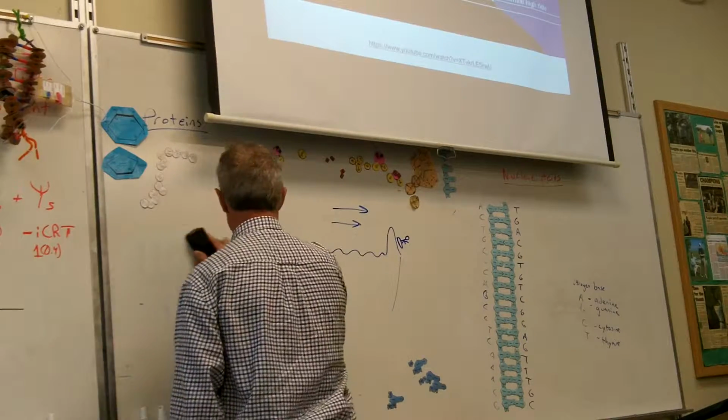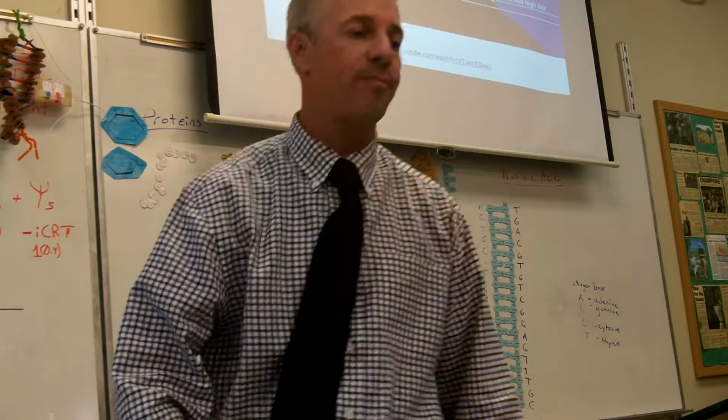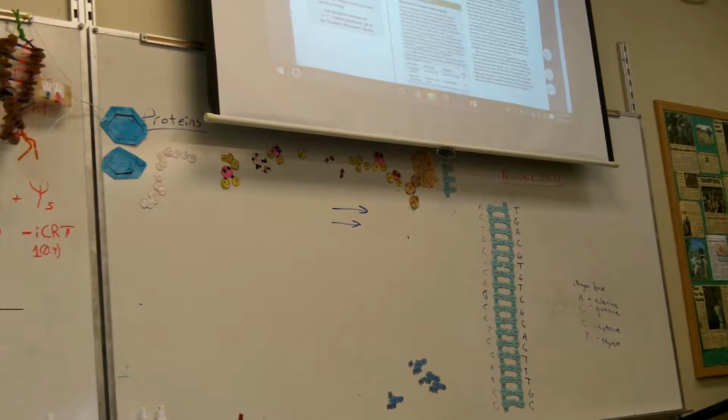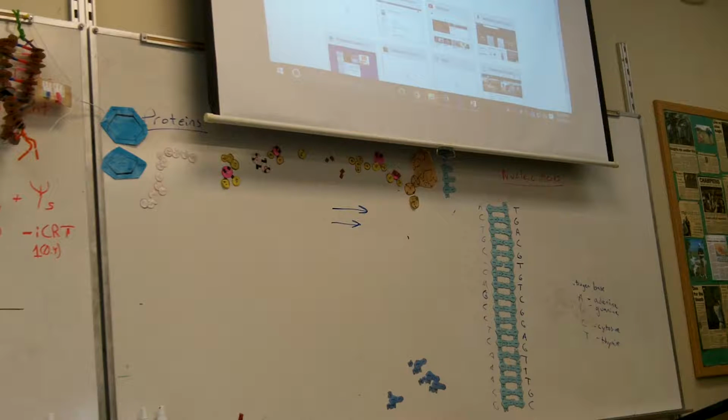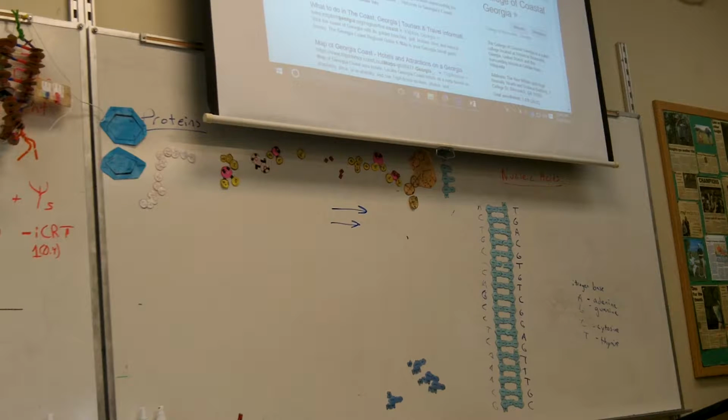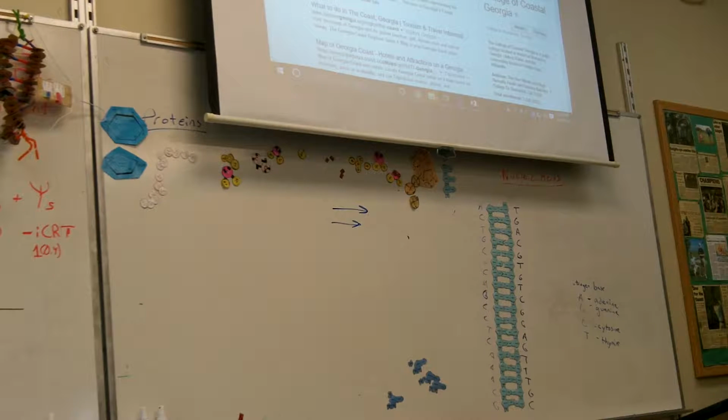If you look at a map, tell you what, let me get it on the screen here. Let's look at a coastal Georgia map. Map of coastal Georgia. There we are. CCGA, baby. Oh my God, I need it to zoom out.